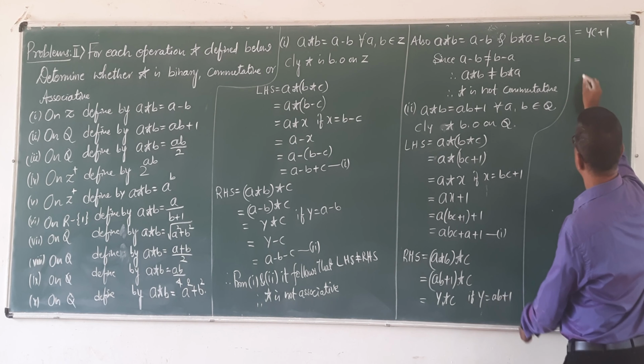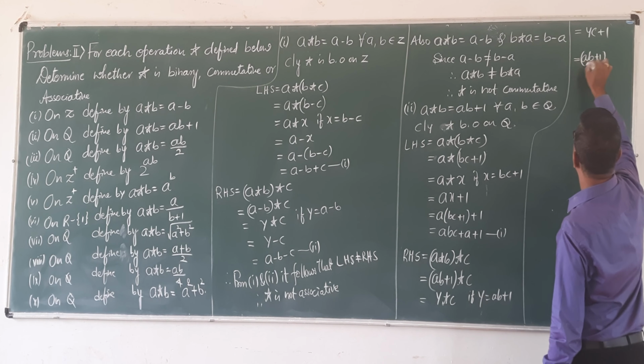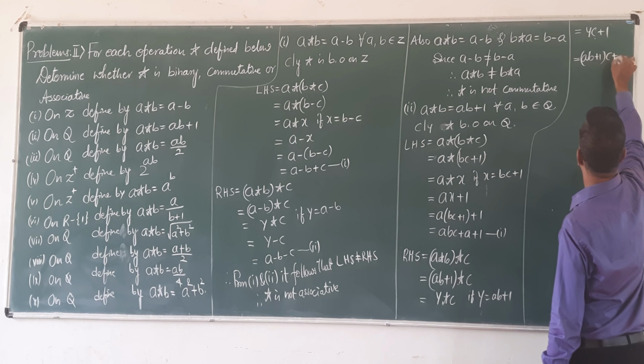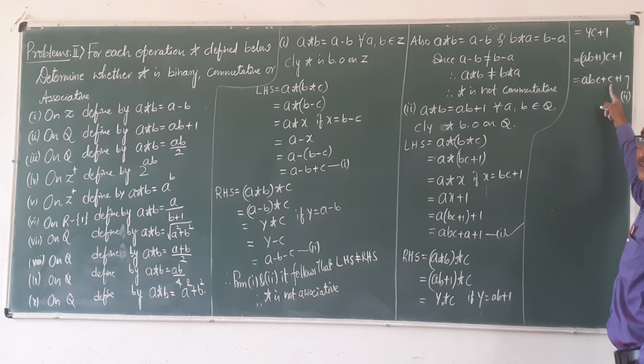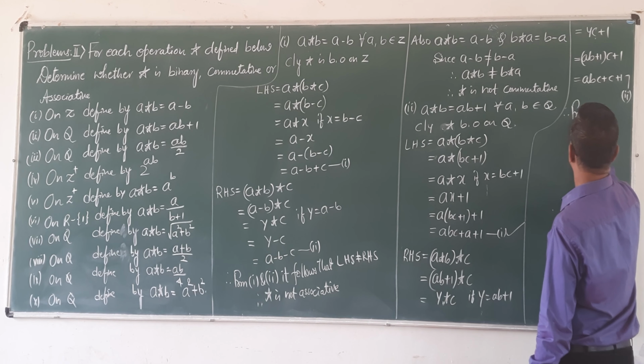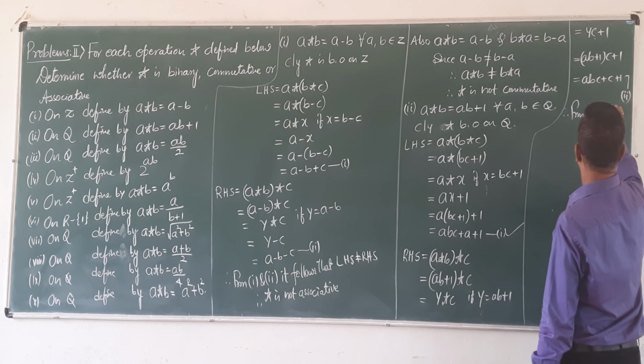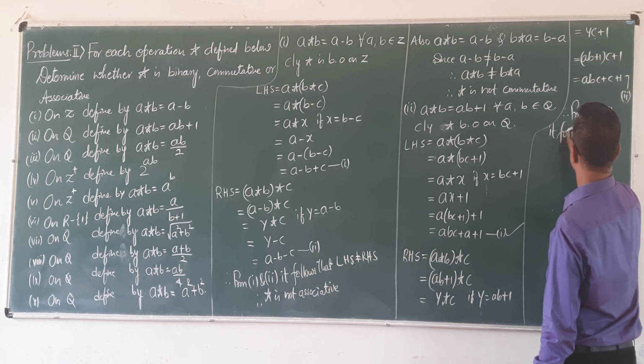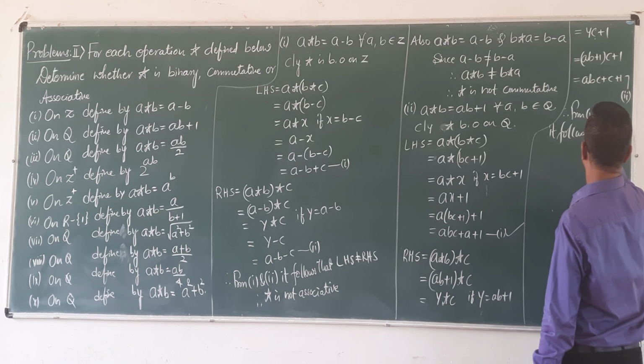The value of y is ab plus 1, so (ab plus 1) times c plus 1. Simplify: abc plus c plus 1. We observe the first equation is abc plus a plus 1, and here abc plus c plus 1. So we conclude that from 1 and 2, it follows that LHS is not equal to RHS, therefore star is not associative.